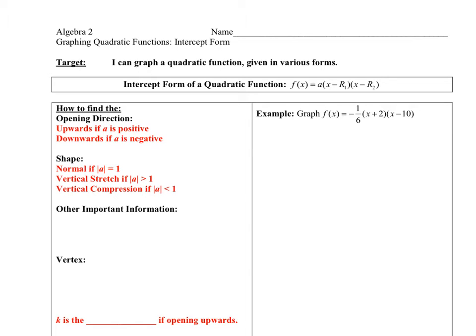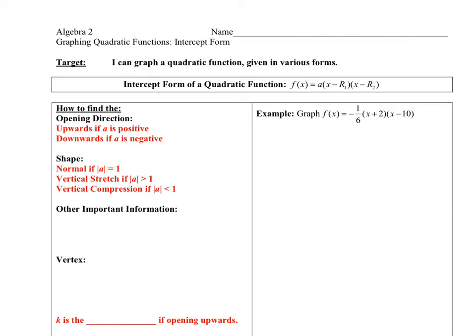Notice that instead of the a, h, and k with the parentheses squared that shows vertex form, this one has an a value and then factors that can be multiplied together. The a value is going to act exactly the same as it did in the vertex form.